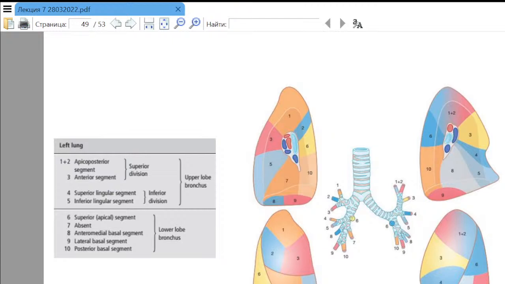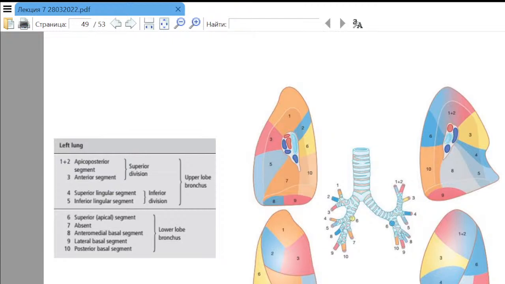For example, bronchus segmentalis apicoposterior, a segment of the lung. Next, bronchus segmentalis anterior. This is the anterior segment.